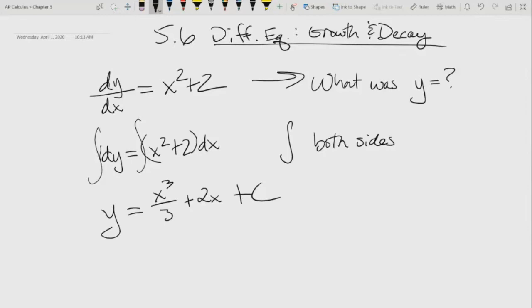But that's only when the equations are written nicely like this one. If we have a differential equation where we got our y on the left-hand side, we got our x squared plus 2 on the right-hand side, we got all our x's on one side, all our y's on the other side, this is easy, piece of cake. But sometimes it's not always written so nicely. So our question is, what if there are more variables?